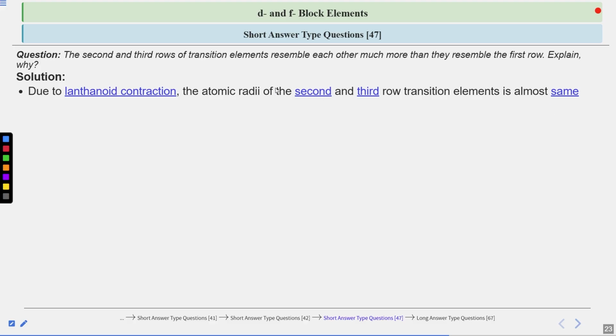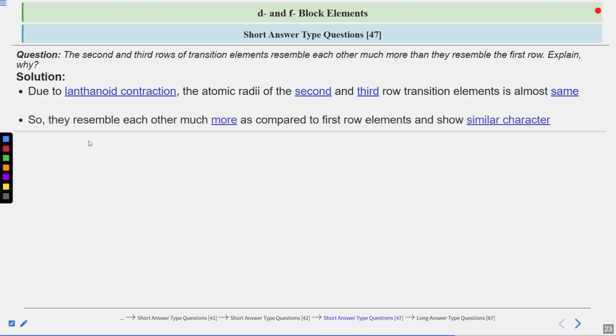So in the 4d and 5d series, due to the lanthanoid contraction, the gradual decrease in the atomic size, the atomic radii of the second and third row of the transition elements are almost the same. And that is why they resemble each other more as compared to the first row elements, that is the 3d elements, and they will show similar character.